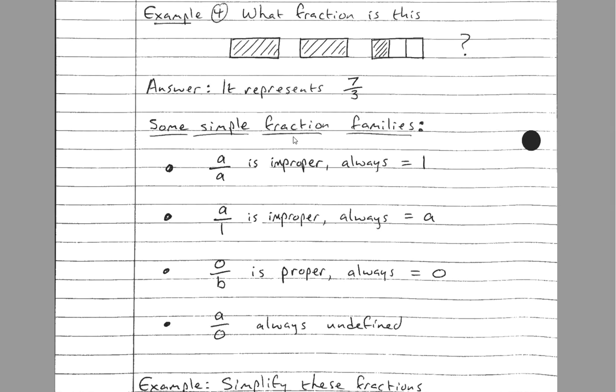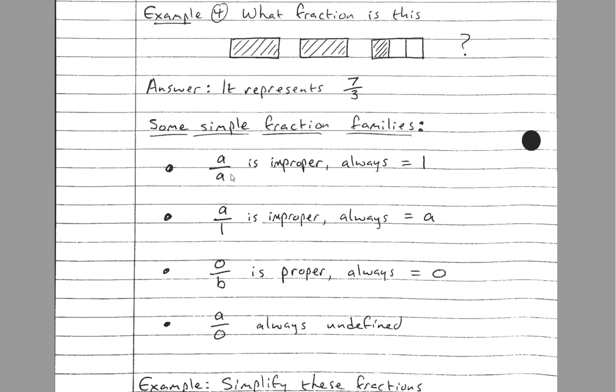Okay, some simple fraction families. If we have a number a over a, say a is a positive integer, that's an improper fraction, and this is always equal to 1.